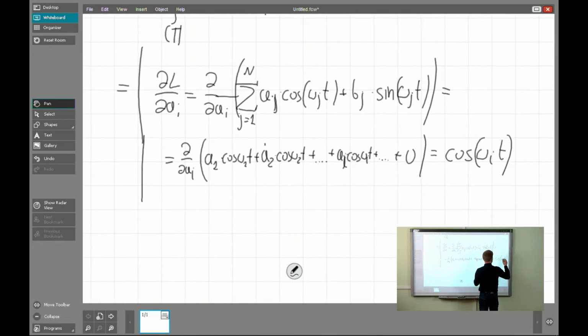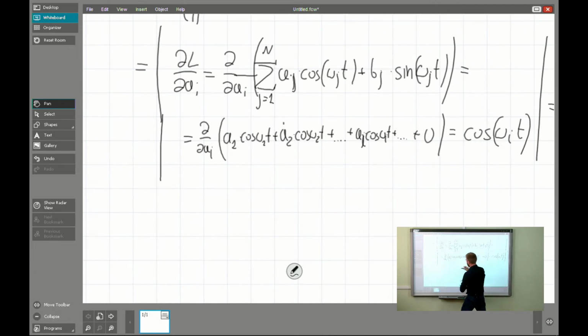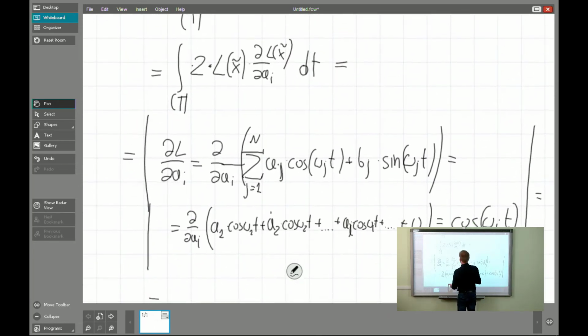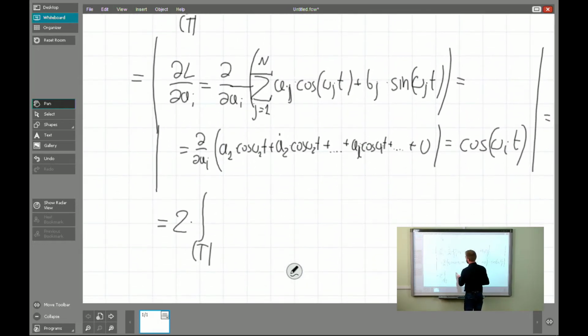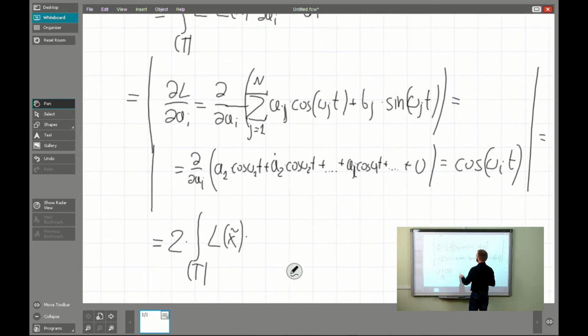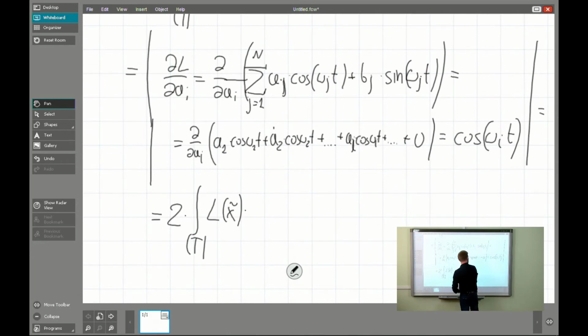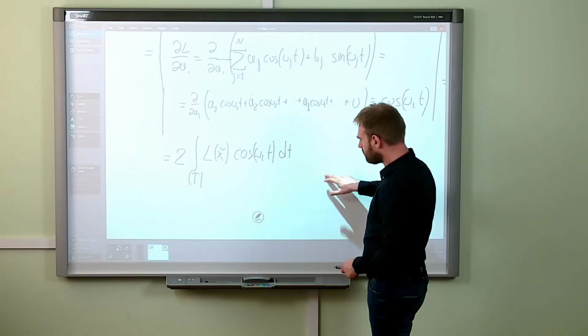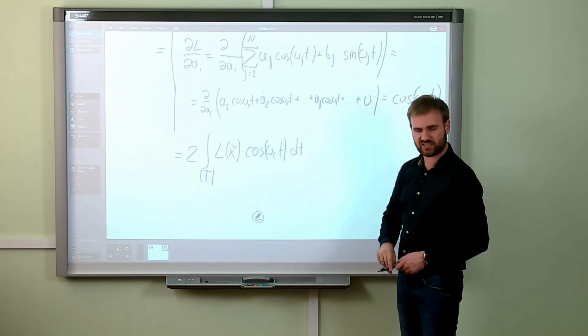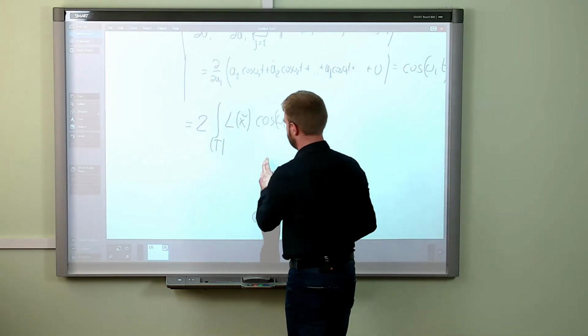Okay, it means that if we put our results into our integral functional, we get 2 times the integral over the period of our predicted form of the solution times only the cosine omega i t, and it will be integrated over time. It is the condition where such a functional gets to 0.